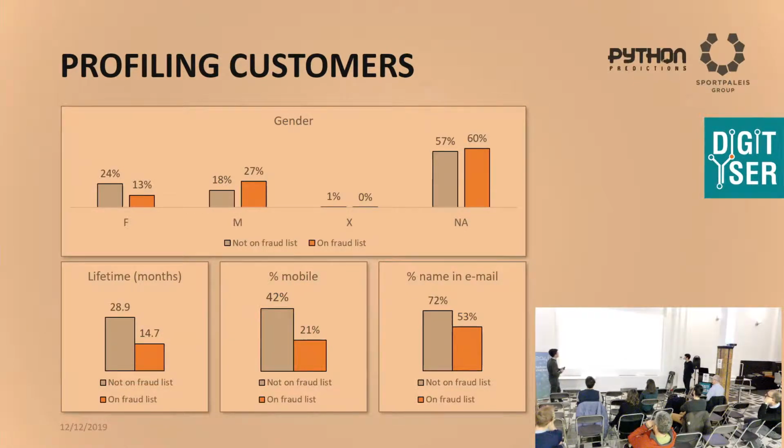And maybe the last one is the name in the email. When you have your first name and last name in your email, maybe it's a sign that you're more trustworthy, that you're not trying to commit fraud. So this could also be an interesting indication for understanding possible drivers for fraudulent customers when you check manually.